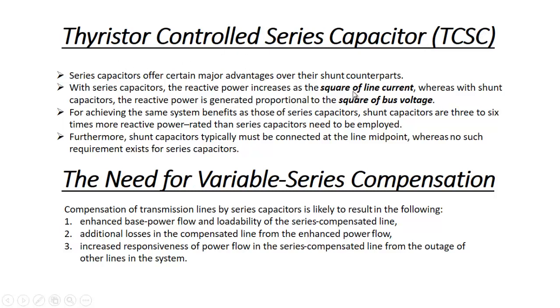So why do we go for this? We'll come across that as well. As we know, the series capacitor often offers certain major advantages over the shunt capacitors. It is because the reactive power provided by the series capacitor is a function of the square of the line current, as compared to the reactive power provided by the shunt capacitor, which is a function of the square of the bus voltage.